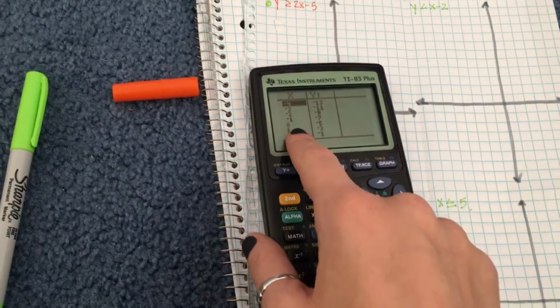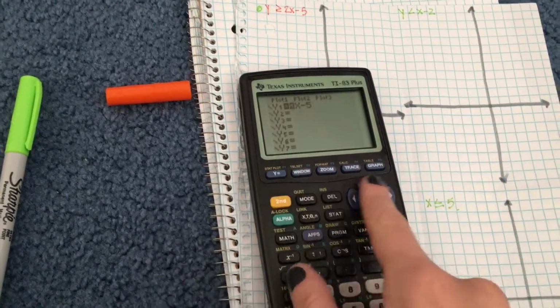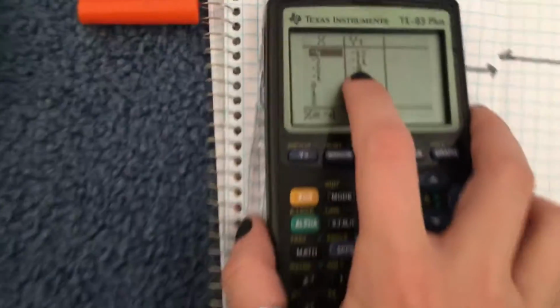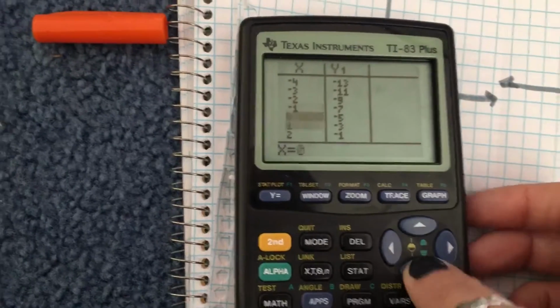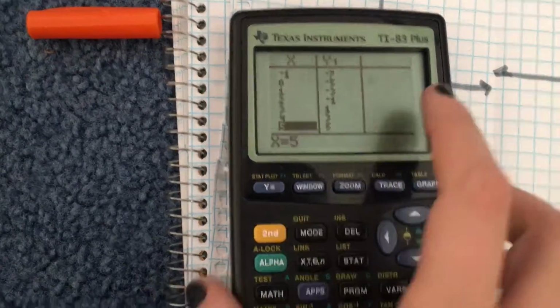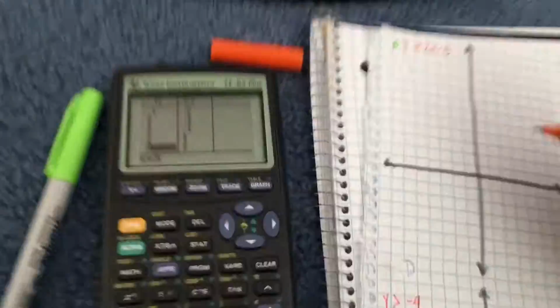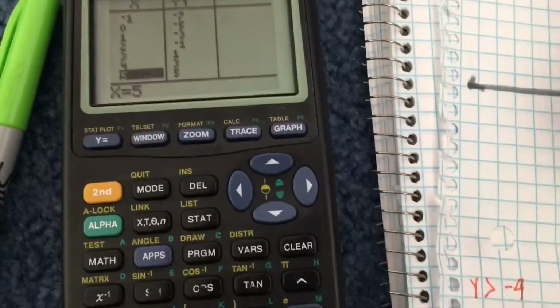Here are all these beautiful points, right? Use these points. Guys, this calculator does not give you these points for no reason, trust me. I'm going to put it to the side and read off. My first one is -1, -7.